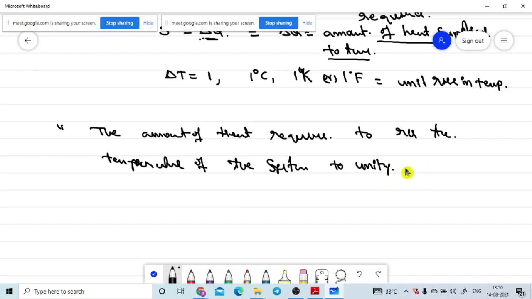That means it may be 1 degree Celsius, it may be 1 Kelvin, it may be 1 degree Fahrenheit, it may be 1 Reaumur degree. Like that, we need to increase by 1 degree. That is the heat capacity formula.